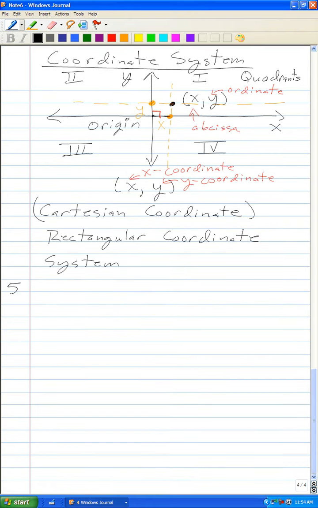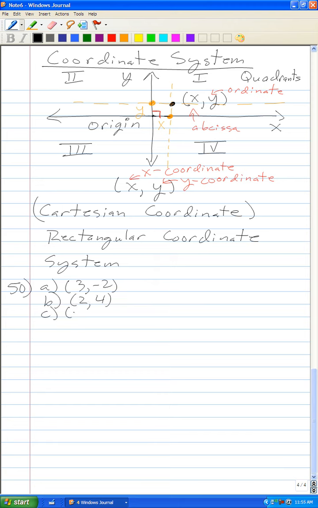Okay. So let me do problem number 50. Plot the ordered pairs on the same coordinate system. So A is 3, negative 2. B is 2, 4.